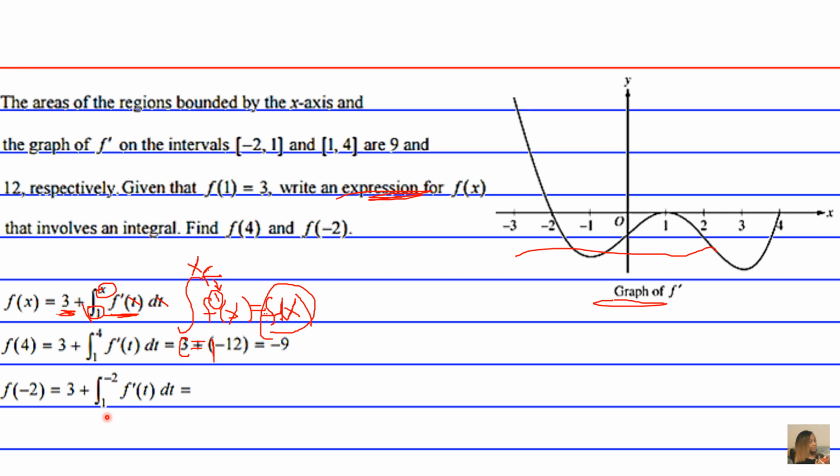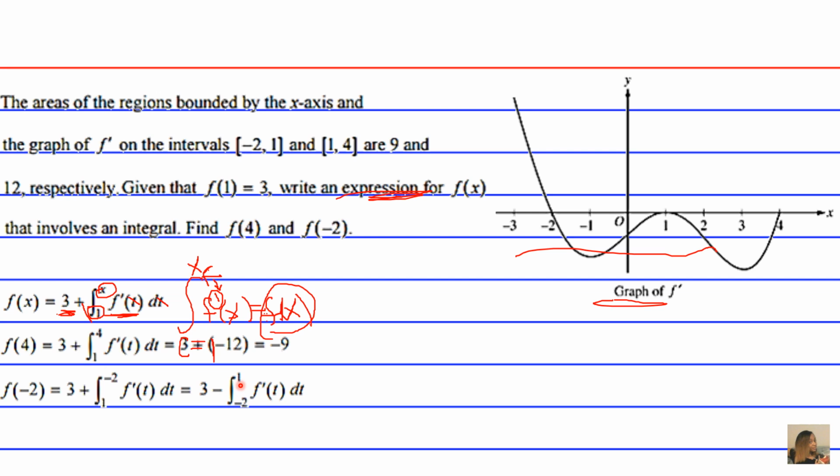So negative 2 is a smaller number than negative 1. And usually when we're using the fundamental theorem of calculus, we start from a lower number to go to a higher number. But since we've done things here in reverse, all we have to do is flip the integral, and flipping the integral is going to negate the integral, changing this plus sign to a minus sign.